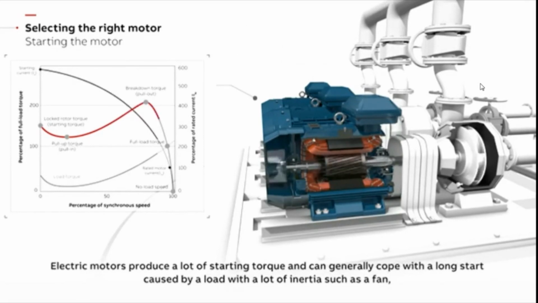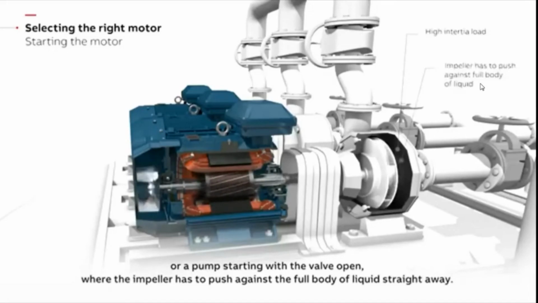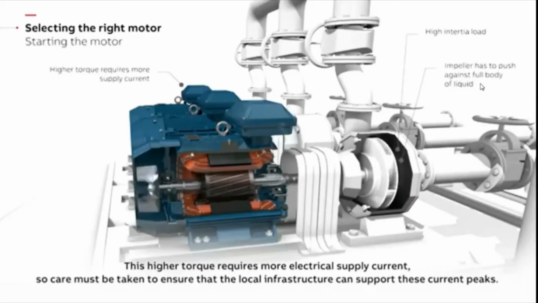Electric motors produce a lot of starting torque and can generally cope with the long, such as a fan or a pump starting with the valve open, where the impeller has to push against the full body of liquid straight away. Electrical supply current, so care must be taken to ensure that the local infrastructure can support these current peaks.